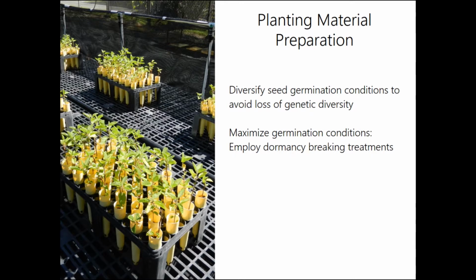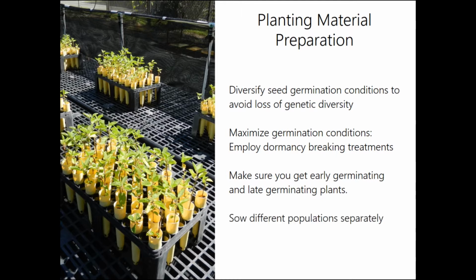You may want to employ dormancy breaking treatments, because some seeds may have deeper dormancy than others, and you want those seeds to germinate because you don't want to lose that. Make sure that you get the early and the late germinating plants in your production block. And an important thing is to sow populations separately, so that you don't have any mixing going on.